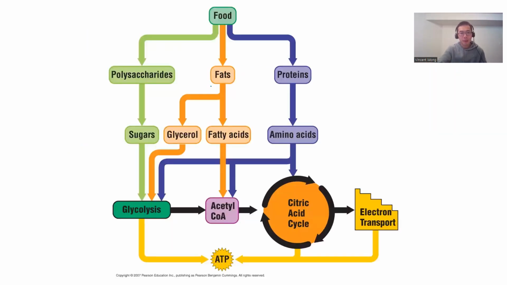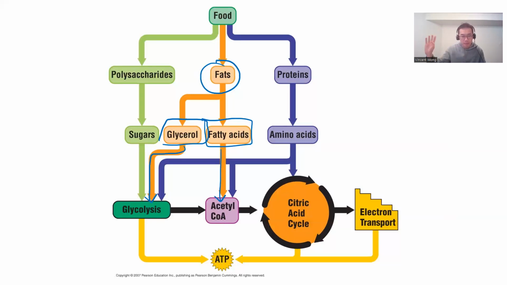So this pathway shows you, like fat, we know is made up of glycerol and fatty acids, and the glycerol gets converted into something that can be fed into glycolysis, whereas the fatty acids get converted into acetyl-CoA.